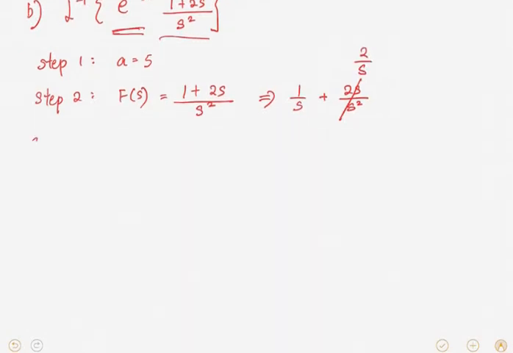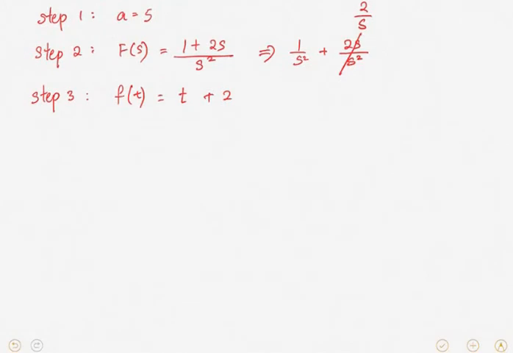Okay, so step number 3, find the f(t). Oh sorry, I think this was s squared. Okay, 1 over s squared is equal to t, based on the table of Laplace transforms. And then plus 2, since 1 over s is 1, so it's t plus 2.